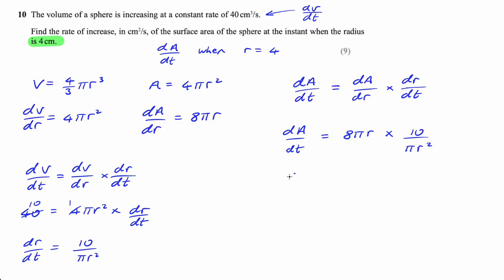And then at r equals 4, I can say dA/dt equals, the π's cancel, one of the r's cancels, so I'm just left with 80 over 4, which is equal to 20. So therefore the answer is 20 centimeters squared per second.